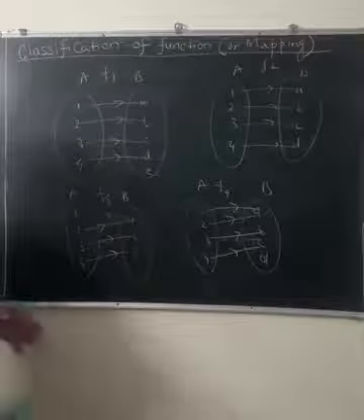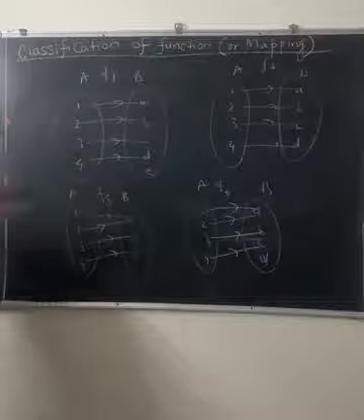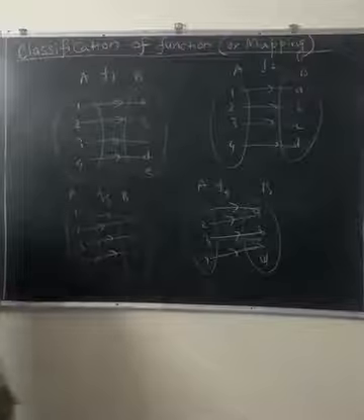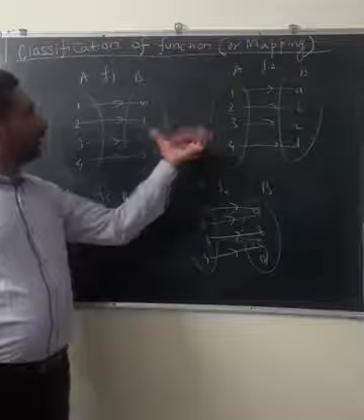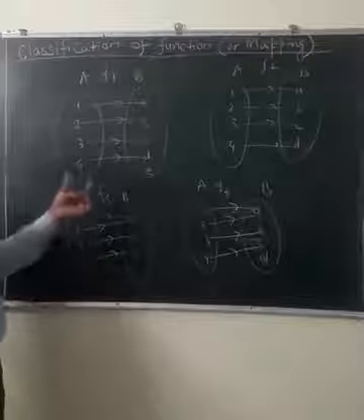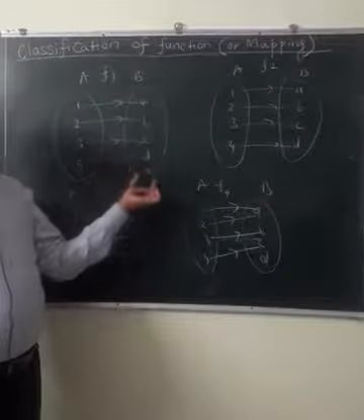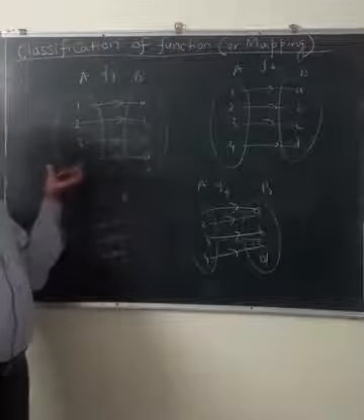First of all, what is the difference between these two functions? In both f1 and f2, we see that in the codomain E is the extra element, means in codomain B it has no pre-image.